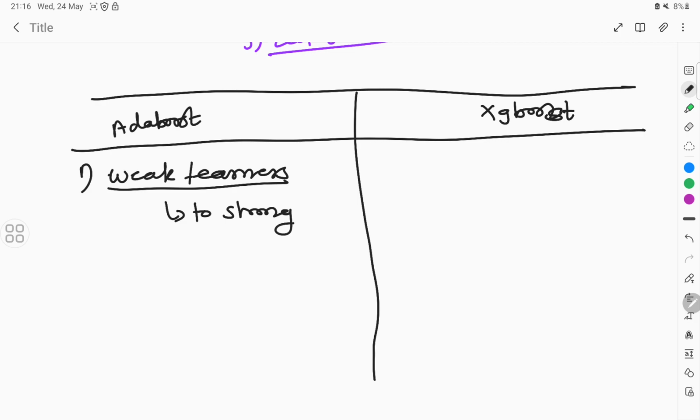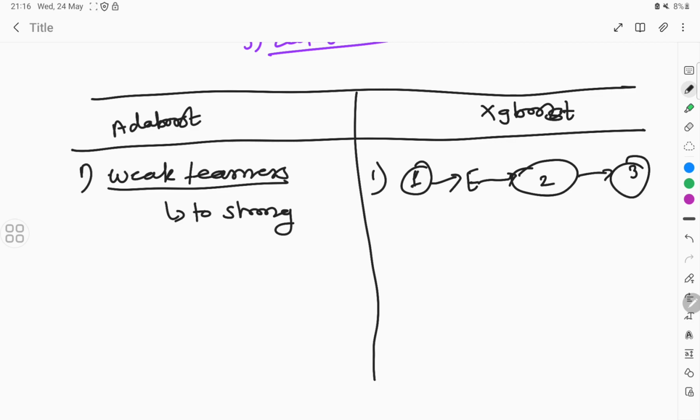But in XGBoost, instead of taking all weak learners, it goes directly one tree at a time. It takes one tree, then calculates the error, and based on that error it passes to the second tree, and based on the previous error, the next tree's weight is also optimized. The same happens for the third tree.